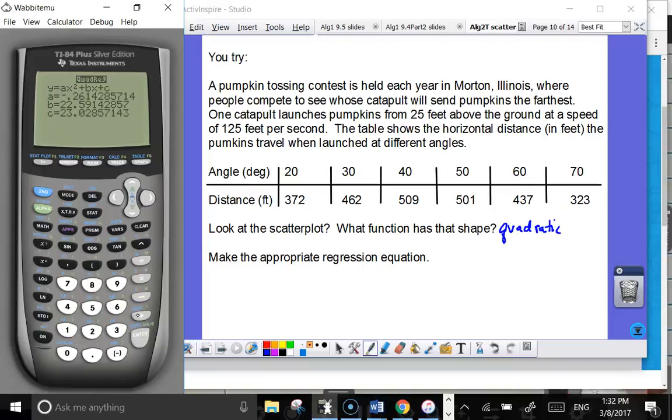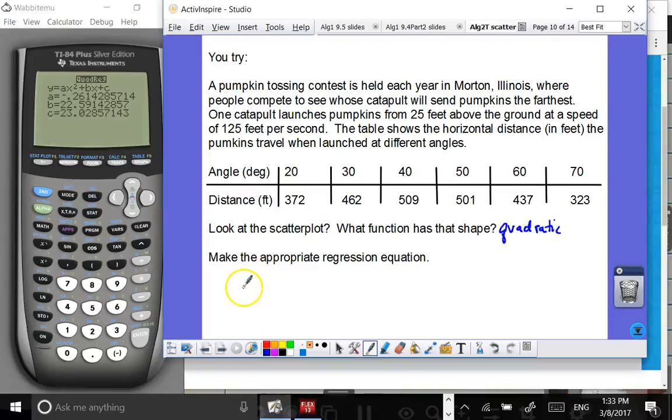Okay, now because it's a quadratic, we've got ax squared plus bx plus c, and they give us those 3 values. So let me write this down. y equals negative 0.26x squared plus 22.6x plus 23.0.